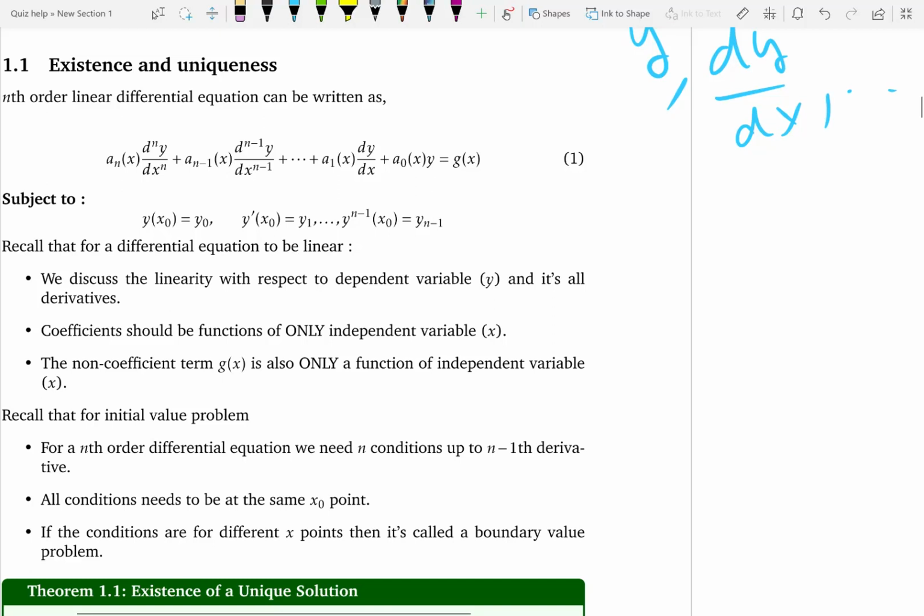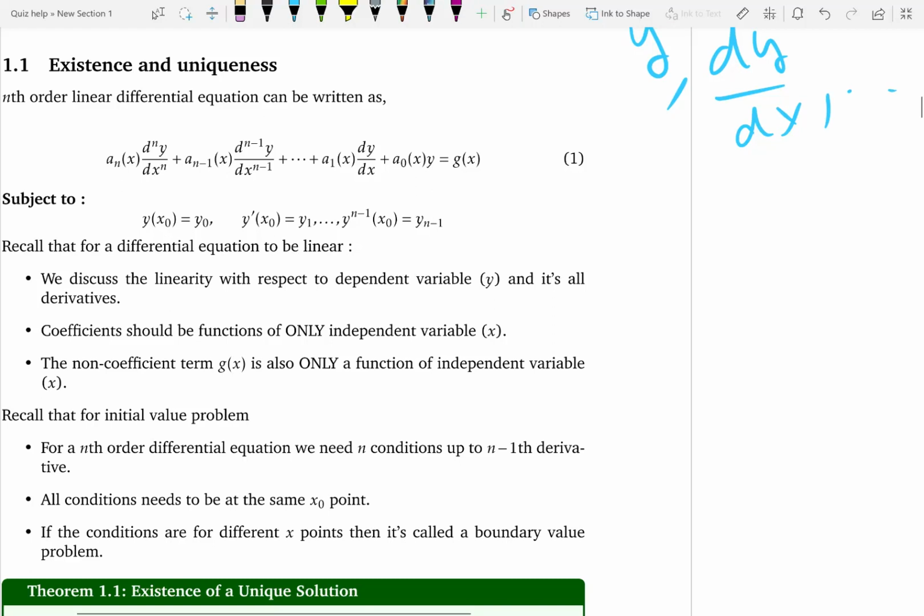That means a condition for y, a condition for y prime, a condition for y double prime. That's it. If you have a fourth order differential equation, you need conditions up to the third derivative, right? So a condition for y prime, y double prime, y triple prime. So one derivative less, and the number of conditions should be equal to the order.